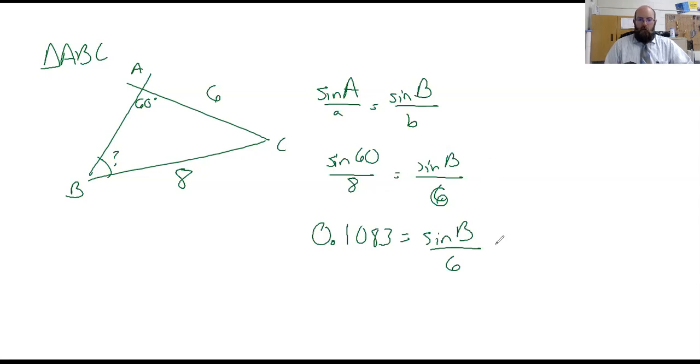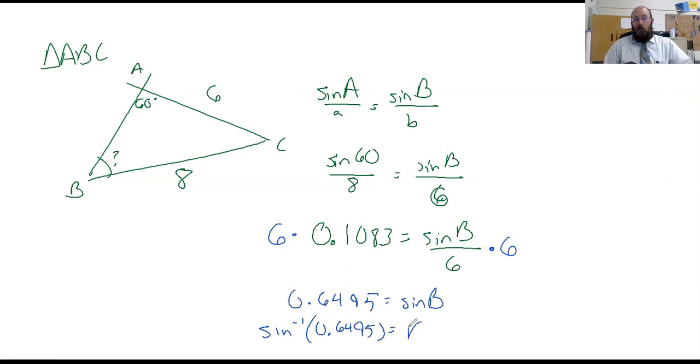Now, let's solve for B a little bit. So we're going to multiply by 6 on both sides. In my calculator, I end up with 0.6495 equals sine B. This is where we use our inverse function. So now, sine to the -1, or inverse, of that number, 0.6495, there we go, is going to equal my angle.